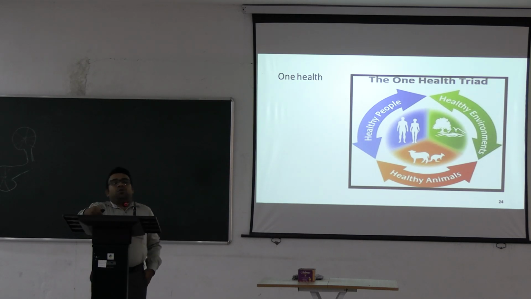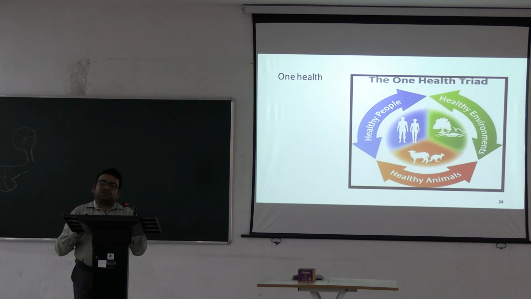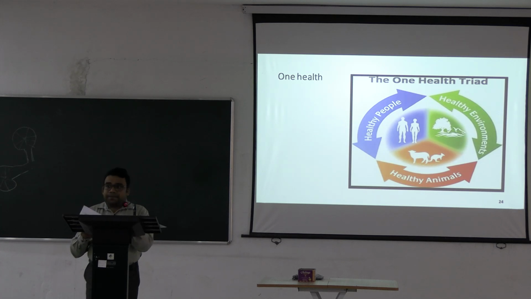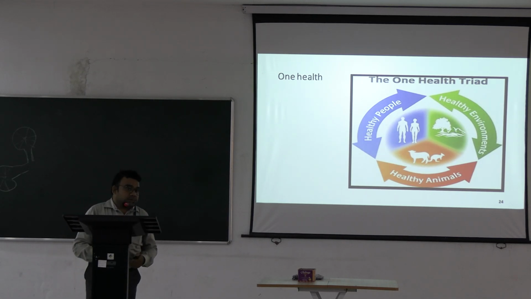So, if we only try to protect human beings with treatment options or preventive actions, we will not be able to stop the transmission of disease from animals. Similarly, we have to ensure that the ecological balance is maintained. And furthermore, a very important aspect, especially in domesticated animals, is the use of antimicrobial agents.